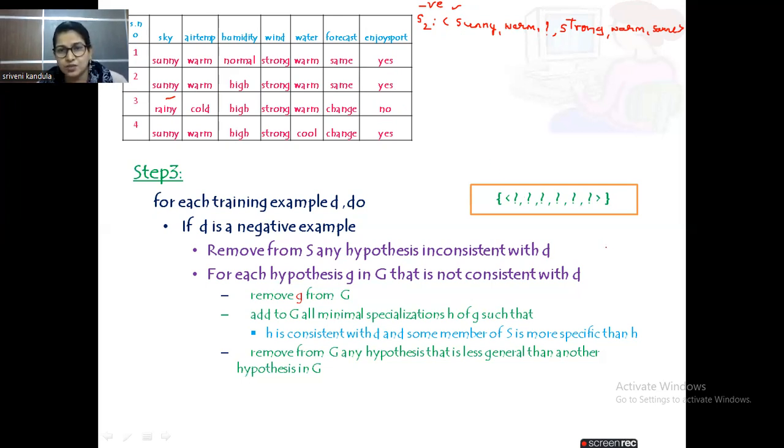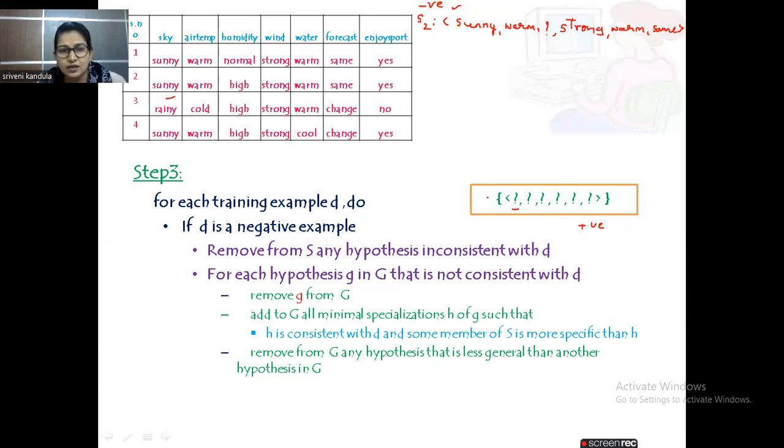Coming to the general boundary, here we have all question marks. That means this question mark will accept the value rainy also. It is classifying the third example as positive, but it is a negative example. There is an inconsistency. So we should handle this.